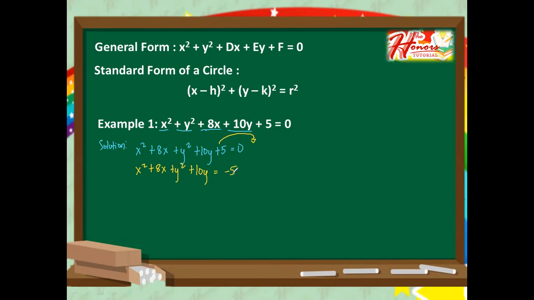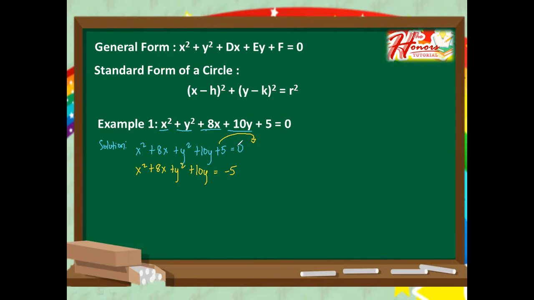Why is it negative 5? It is because any number, term, or variable that you are going to transpose to the left side or to the right side of the equation, automatically you have to change its sign into the opposite sign. So at the left side of the equation, that is positive 5. But when we transpose it to the right side, then it is negative 5 now.